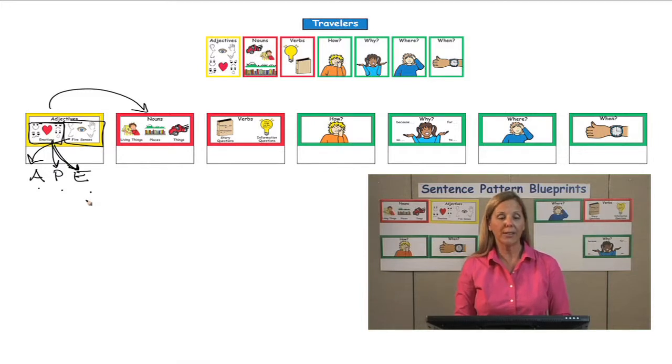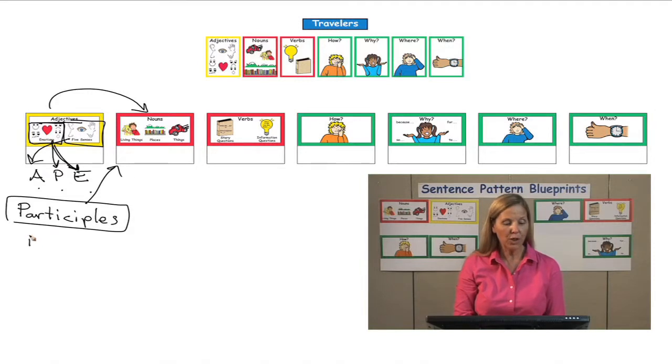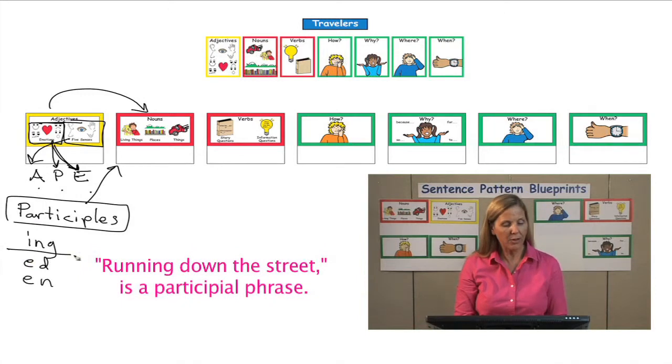When we're talking about the adjective describing the noun, we can also put underneath the adjective participles. What do participles do? Participles describe the noun. They use verbs that end in -ing or -ed or -en. Participles can be a word or in a phrase that can describe the noun. I could have, "Running down the street, Michael hollered for help."